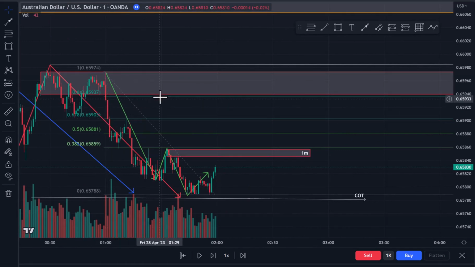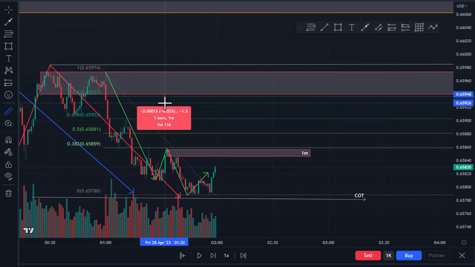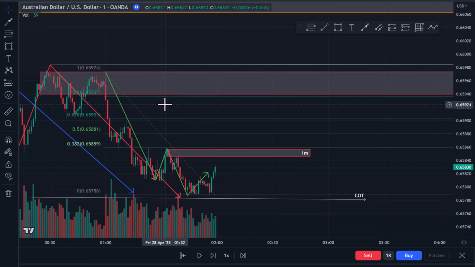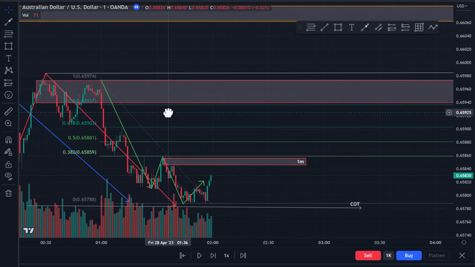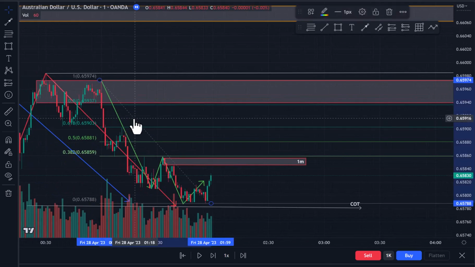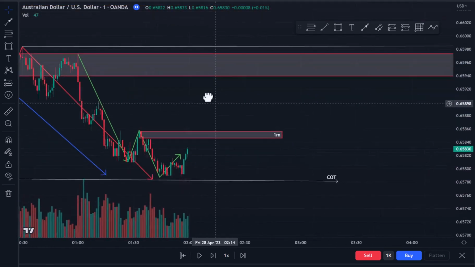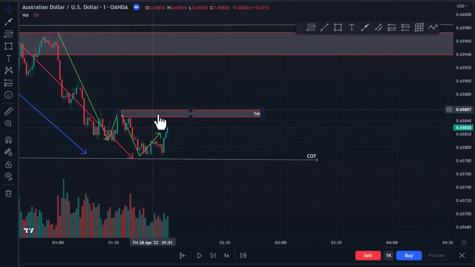So we'll leave that alone. Just know that you could probably take a 1.61 order away from that block, from that key level. But for now, we're not even up there yet. We're just focusing on this 1-minute key level.